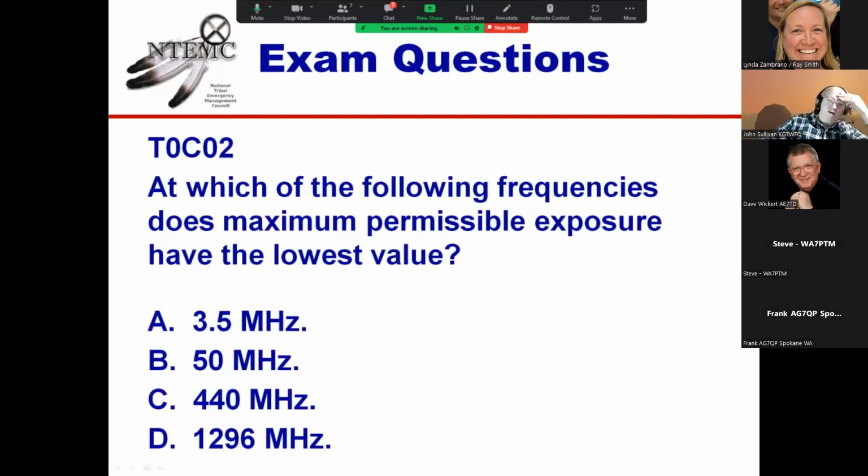You've got 440 megahertz, your 70 centimeter, and 1296 megahertz up in your 23 centimeter. Well, remember we said VHF. That's where it is. VHF, 30 to 300 megahertz. So 50 megahertz is right in that range. So that would be where we would have the most concern, and so we would have the lowest maximum permissible exposure.